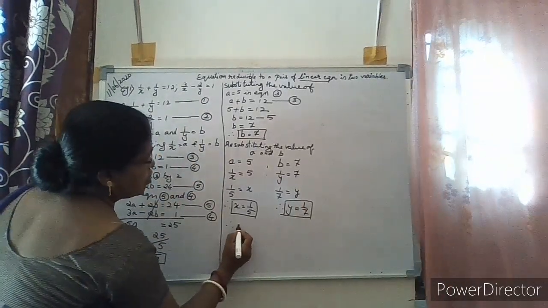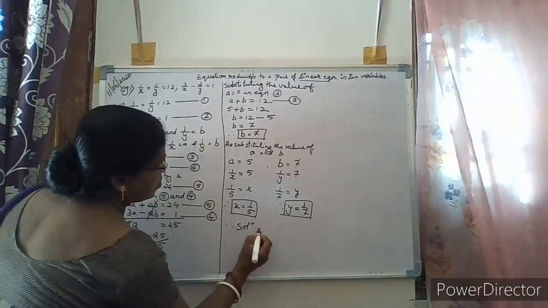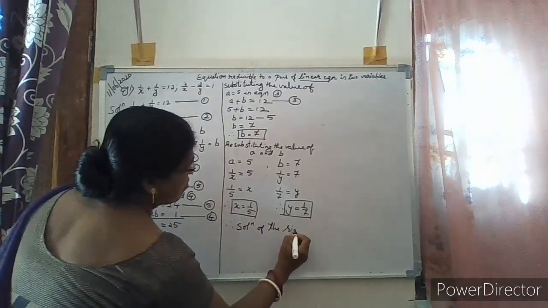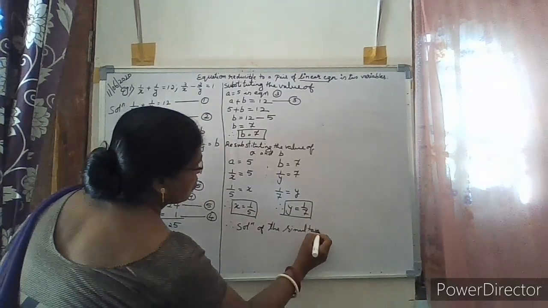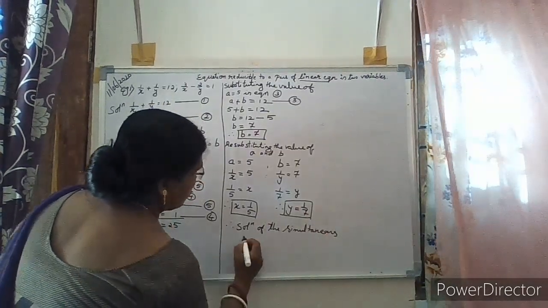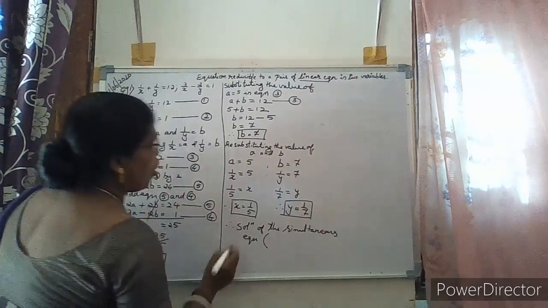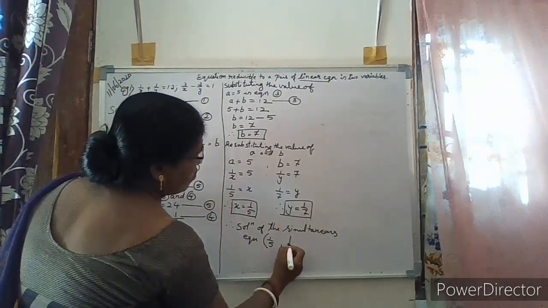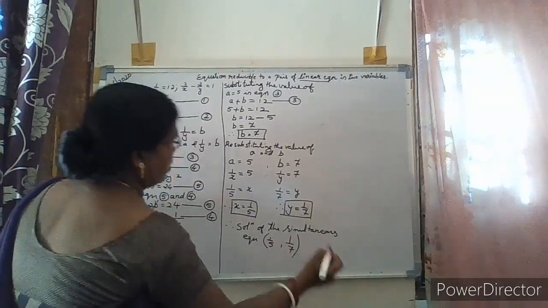Therefore, solution of the simultaneous equation: we have got x value as 1 by 5, y value as 1 by 7.